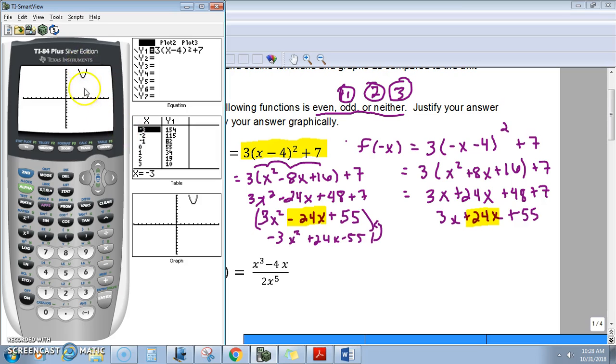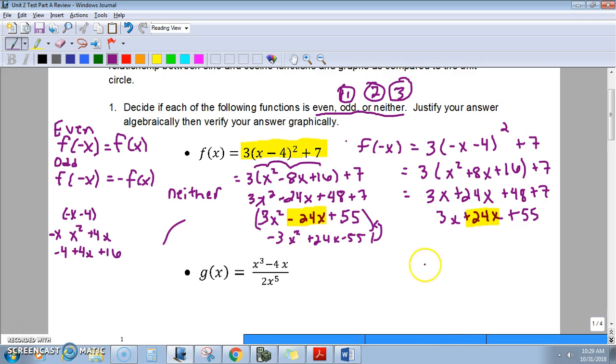Oh, so it's up here. So it's obviously, both things point in the same direction, so it can't be odd, and it's obviously not even because it's not reflective about the y-axis. Okay, so you might need to state those things about the graph, or just show me in the graph to get the point for the graph part.